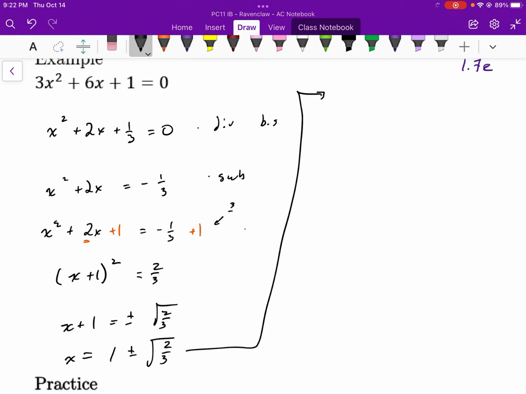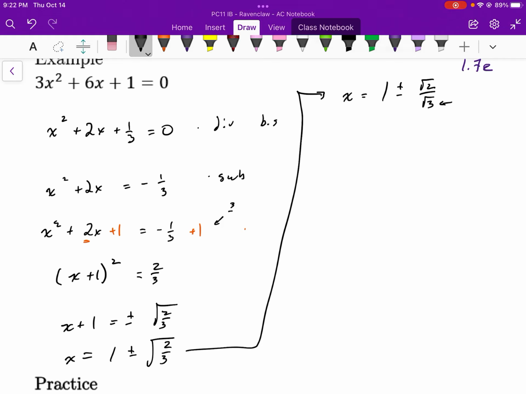So really, I'm going to try and write this as follows. I need to make my denominator rational. For instance, I'm going to split up the square root as the square root of 2 over the square root of 3. Now, how could I make this denominator a rational number?